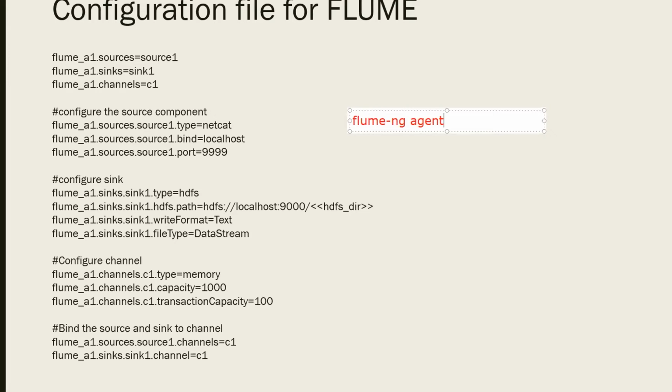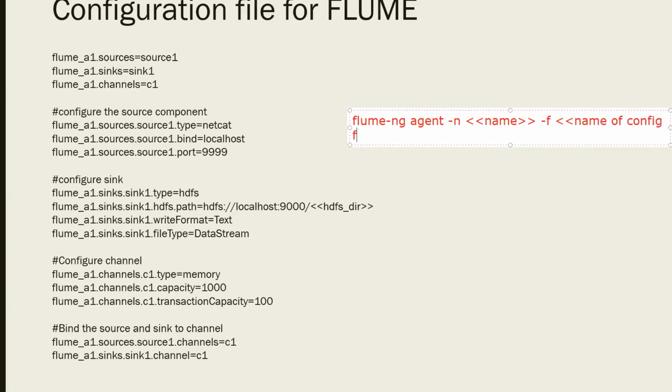And then agent is a keyword. It refers to the name of the agent, with -n as a parameter, and then you specify the name of your agent. The next parameter is -f, wherein you specify the name of your configuration file.